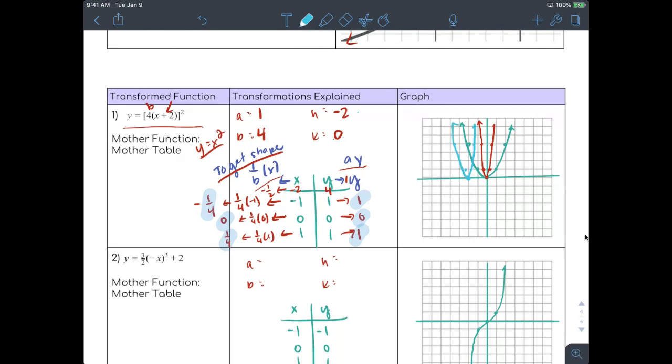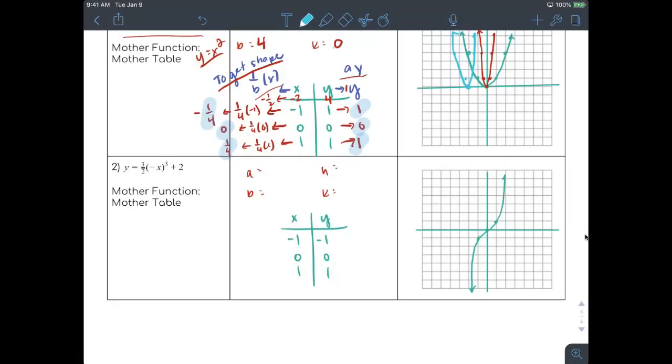Okay, we are going to just do one more. So get your A, B, H, and K values and your mother function. So my mother function is x cubed, and I built the table right here for you. So we're going to go A is 3/2, B is negative 1, H is 0 in this case, and K is 2. So we're going to deal with this stuff later, and I'm going to apply my stretch values.